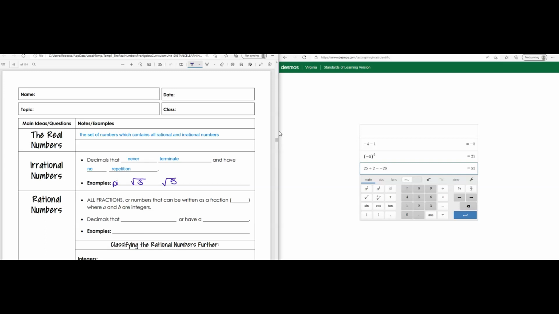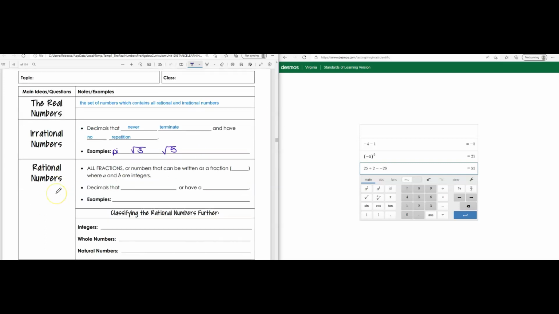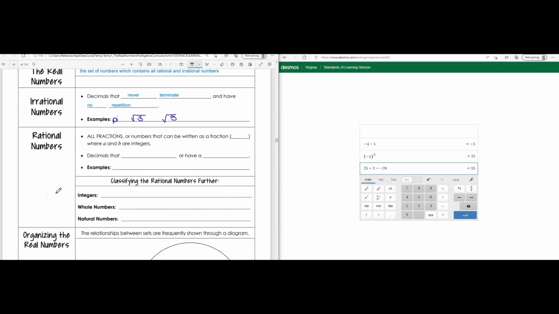Rational numbers are the opposite of this. Rational numbers can be written as a fraction. Irrational numbers cannot. These are decimals that terminate, or they end, or have repetition.